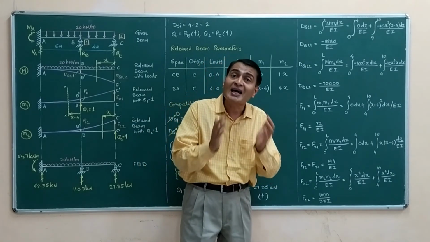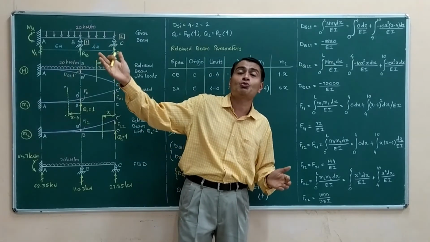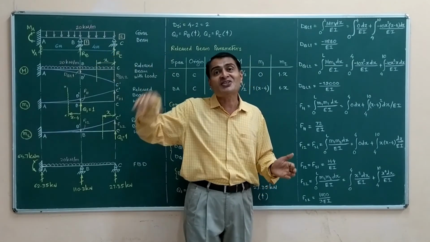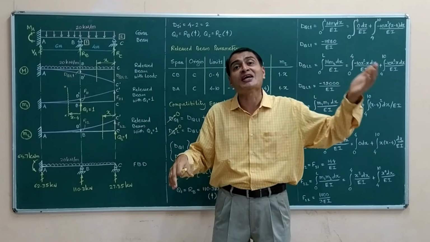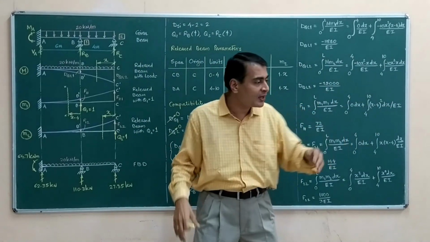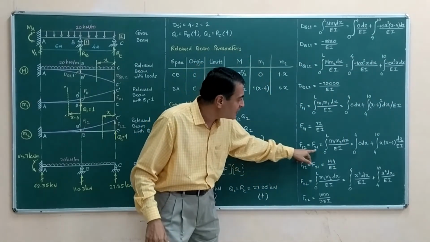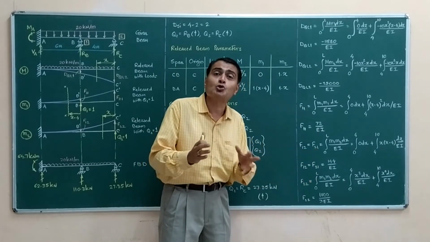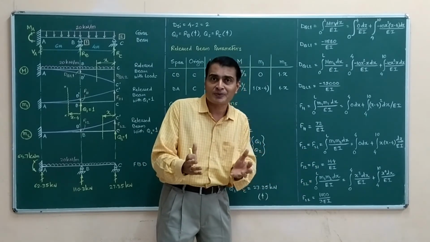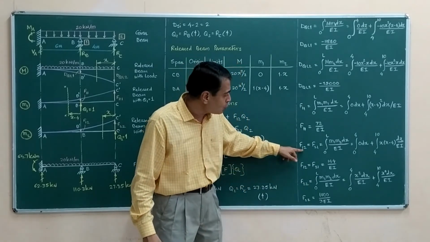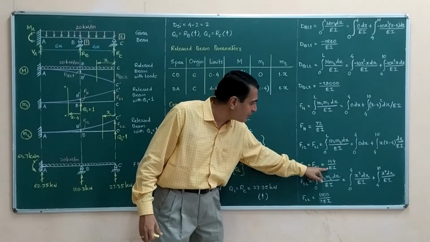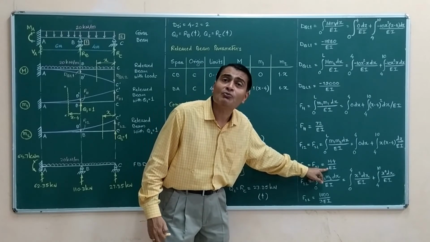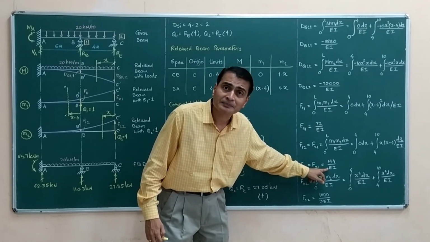Here again, like stiffness coefficient Sij was same as Sji, in the same way Fij is same as Fji. That is, your flexibility matrix is also a symmetric matrix. So F12 is the same as F21, and my calculation is yielding 144 over EI.